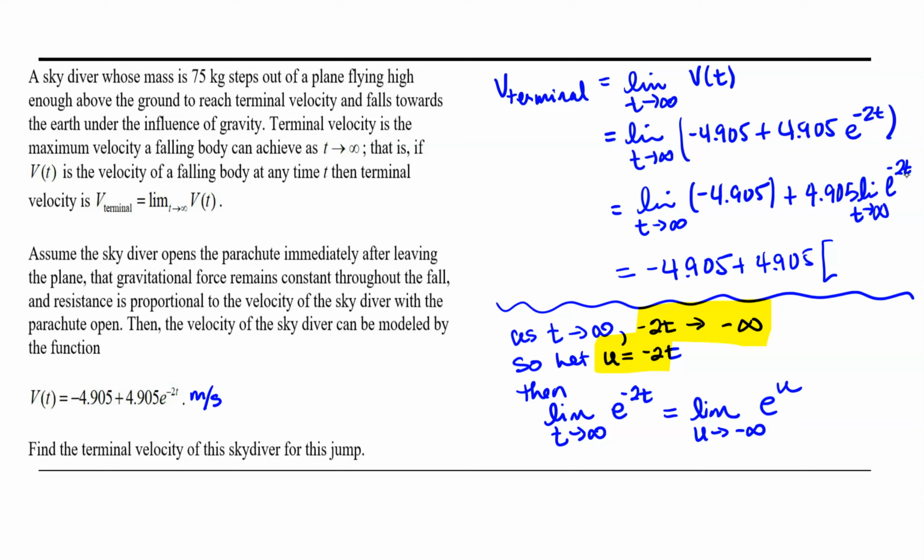And what do we know about the behavior of the exponential function? You might have a mental picture in your head that the exponential function behaves roughly like this. So as u approaches negative infinity, this exponential function approaches 0.